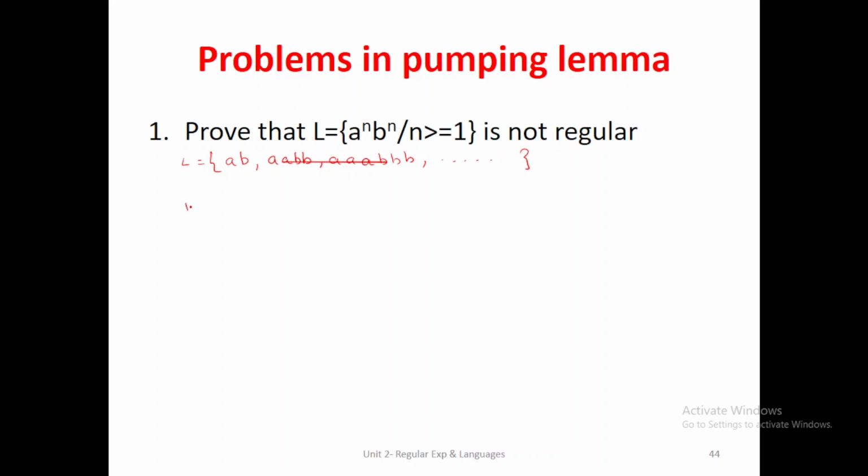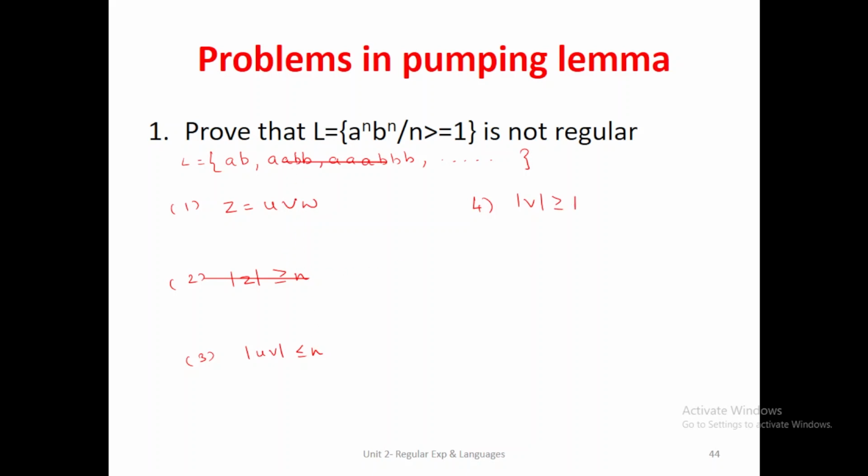Then what is your first step? Z should be equal to UVW, and the second condition is mod Z should be greater than or equal to n. What is your third condition? Mod UV should be less than or equal to n. Your fourth condition is mod V greater than or equal to 1. This should also be satisfied.